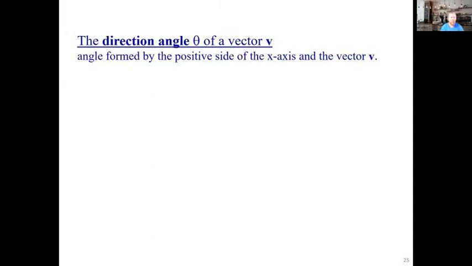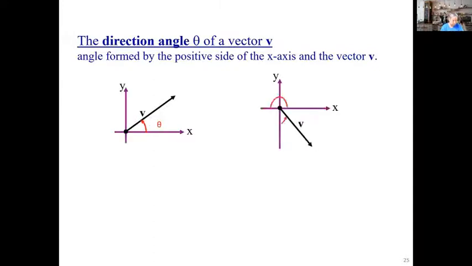Okay, so the first case will be this. As you can see, the given vector v happens to be in quadrant 1. The angle formed with the positive side of the x-axis is technically the standard position of an angle on the unit circle, starting from the right side of the horizontal axis.